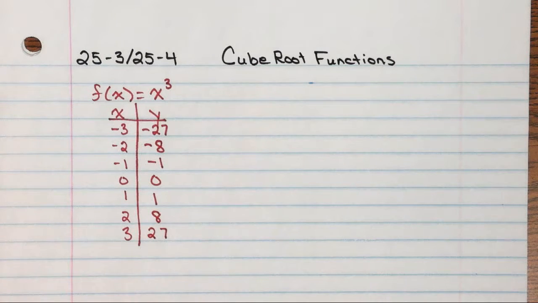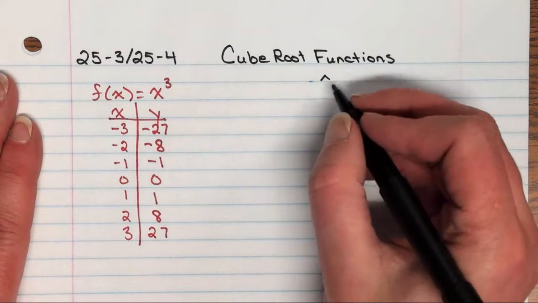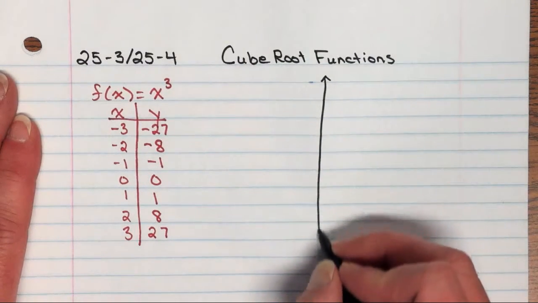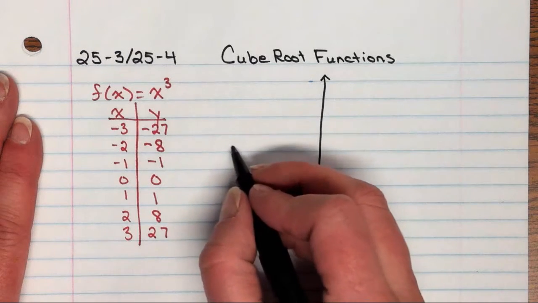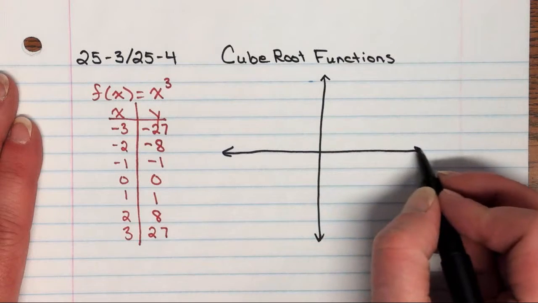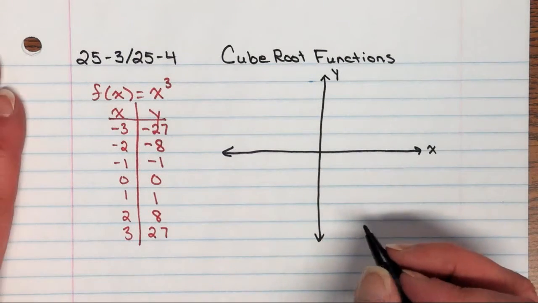So let's make a graph of x cubed. Now, probably won't make it all the way to 27, so that's okay. So let's see, put this kind of in the middle here. My x-axis and my y-axis.